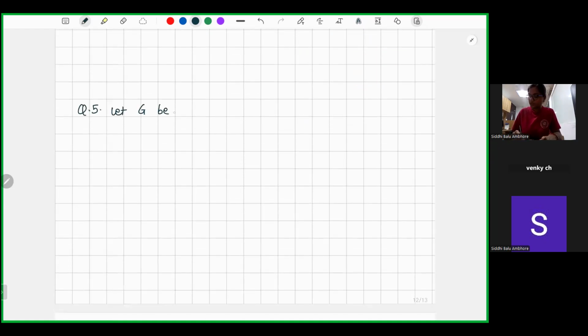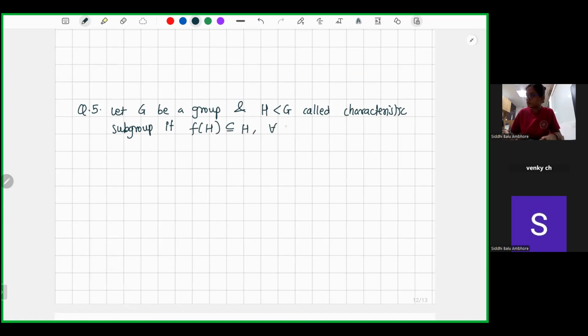Let G be a group and H a subgroup of G. H is called a characteristic subgroup if f of H is contained in H for all f in Aut(G).